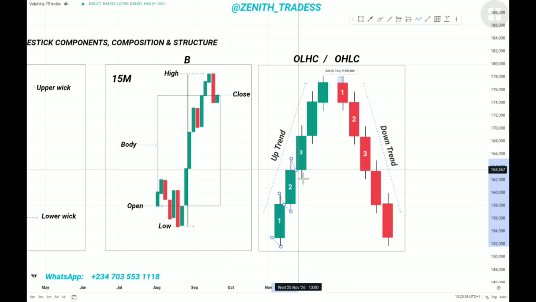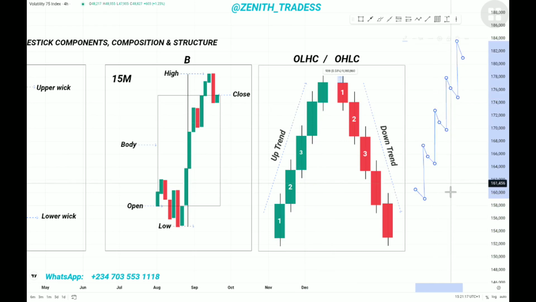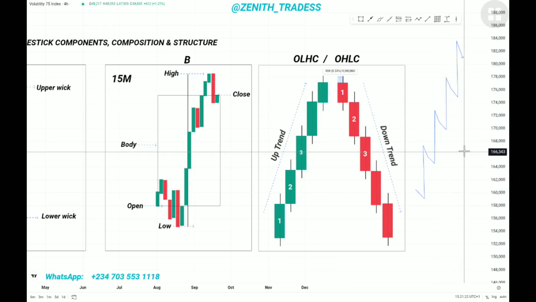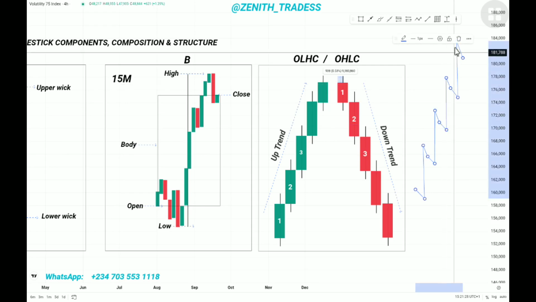Candle 3 opens there: open, low, high, close. The next candle opens, low, high, close. I hope you can see. So that's what gives us the structure that we're talking about. It's the formation of these candles that gave us the structure. You can see the structure now giving us higher high, higher low, higher high, higher low. This is a simple structure, but it's the formation of the candles that gives us this structure, and this is an uptrend, right?